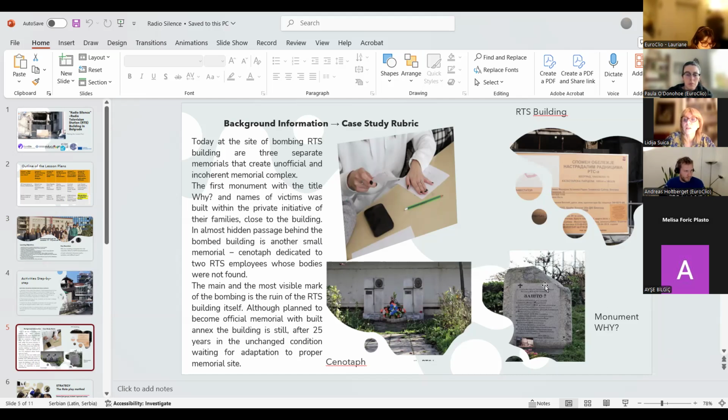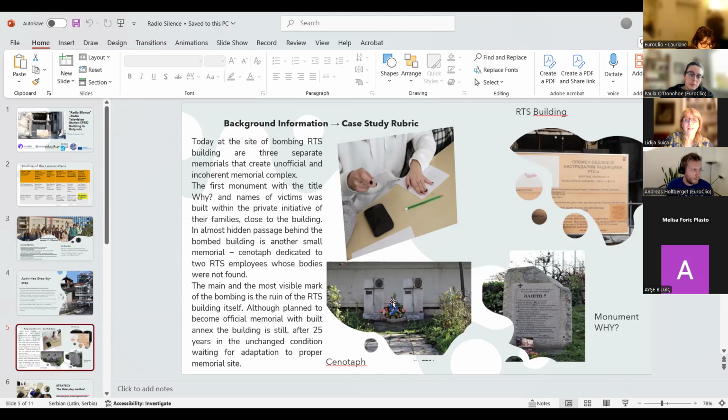You can see here one, the second one, and the third one itself is the building. This first monument with the title Why is actually a private initiative of the families of the victims, and it's very close to the building of EACEA.